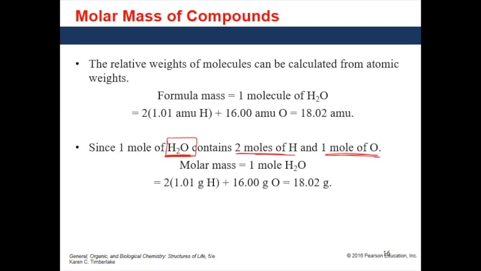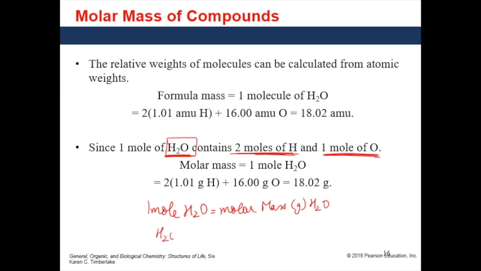So what is the mass of 1 mole of water? That would be the mass of 2 moles of hydrogen plus 1 mole of oxygen, and that mass is called the molar mass of water. So basically 1 mole of water would weigh equal to the molar mass of water in grams. And how can we find molar mass?